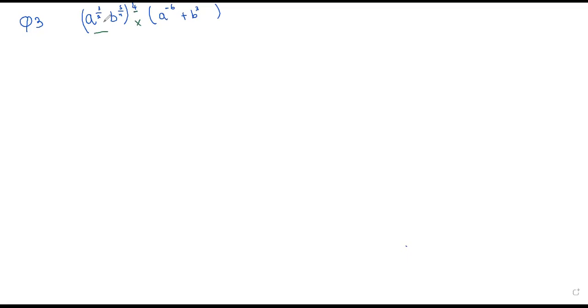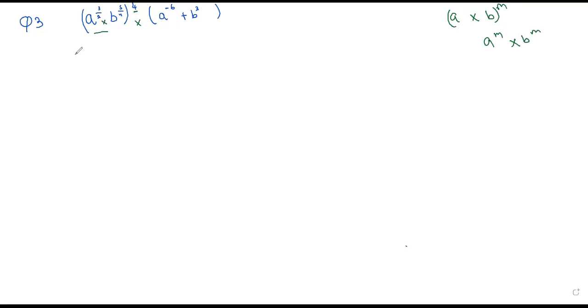Basically we know that property where we had a into b, let's say I'm making it 4, but in the rule we had m. That basically was a to the power m multiplied by b to the power m. Again, we have two numbers that are being multiplied with a common power that is being shared.